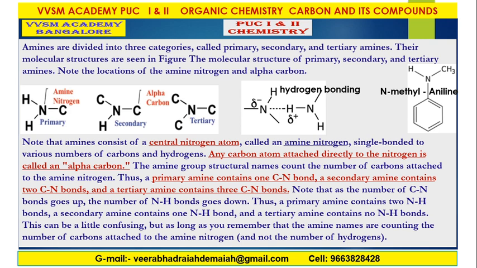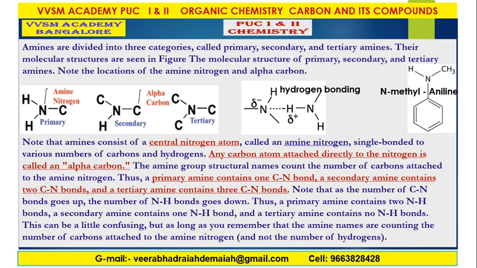You can replace the hydrogen atoms accordingly, depending upon the nature of the organic chemical reaction. Amines consist of a central nitrogen atom called an amine nitrogen, single bonded to various numbers of carbons and hydrogens. As I told you, three hydrogen atoms are attached to the central nitrogen atom.